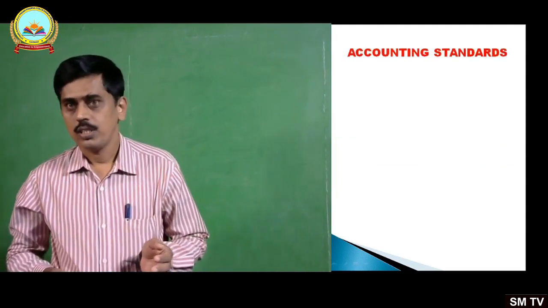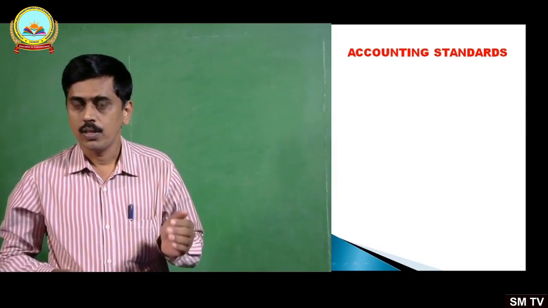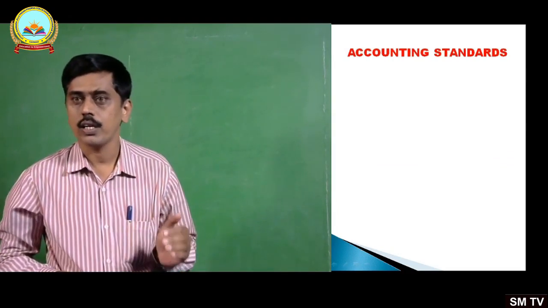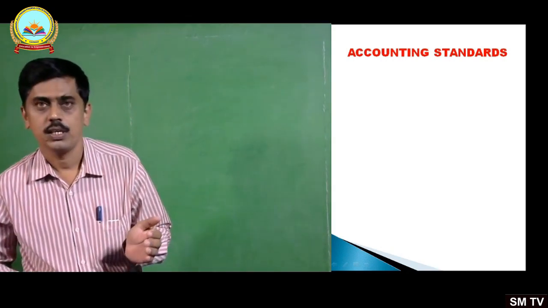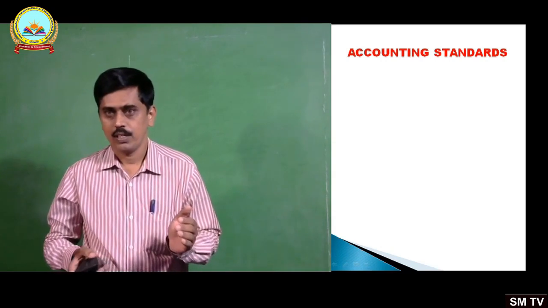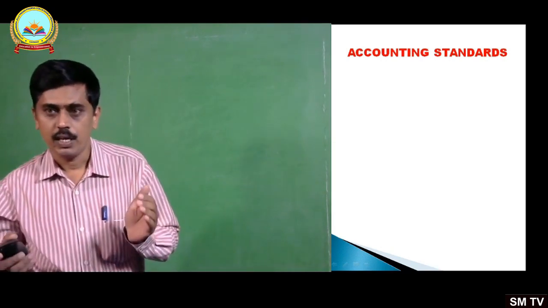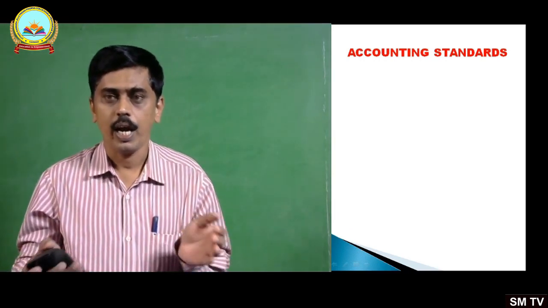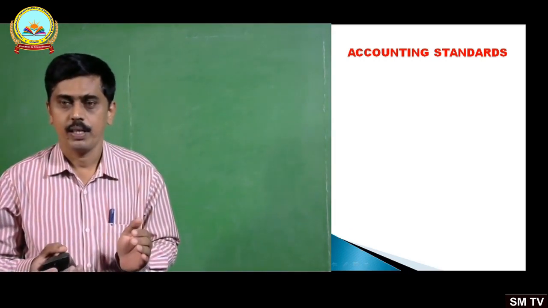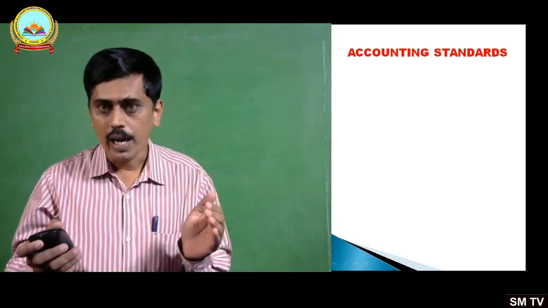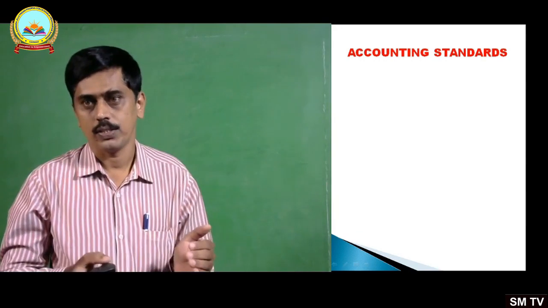In the last class, we discussed the last 3 accounting concepts. The concept of conservatism states that anticipate all probable losses and provide for them, but do not consider anticipated profits.